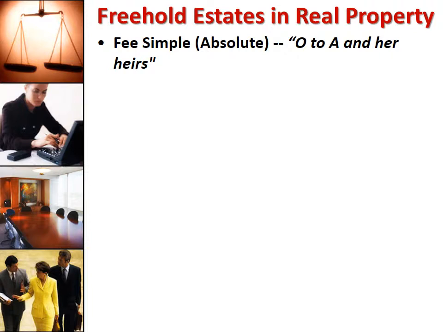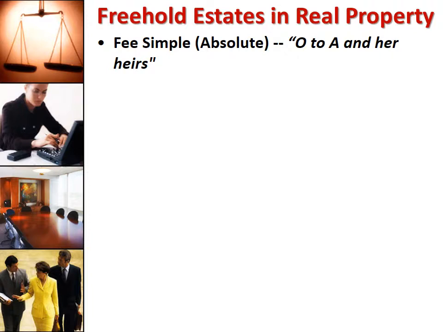The fee simple absolute reads O to A and her heirs. O is simply the original owner. A is the first person taking the land. So O gives to A and the heirs of A. O to A and her heirs.